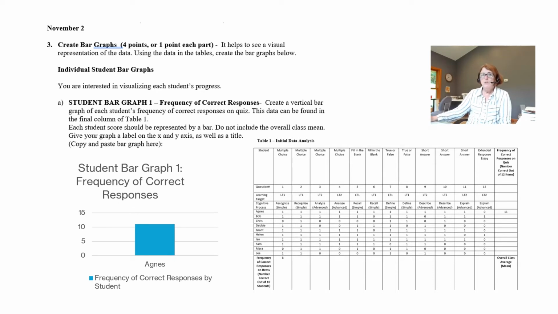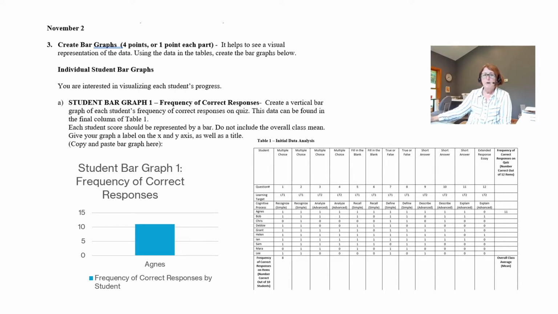The first one that we're going to talk about is Student Bar Graph 1. You can see it's the frequency of correct responses that each student got on the quiz. That is, how many did each one get right out of the 12 questions. Agnes was the student, you'll recall, whose data was given to you and calculated out.